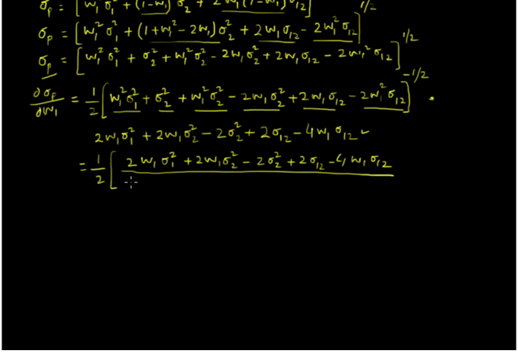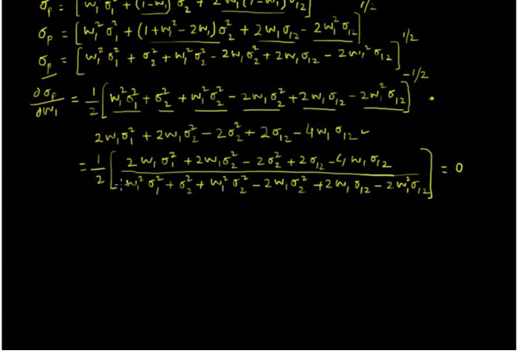So let's write that again here. W1 squared times variance of 1 plus variance of 2 plus W1 squared times variance of 2 minus 2W1 times variance of 2 plus 2W1 covariance 1 and 2 minus 2W1 squared times covariance 1 and 2. All of this we can set equal to 0.